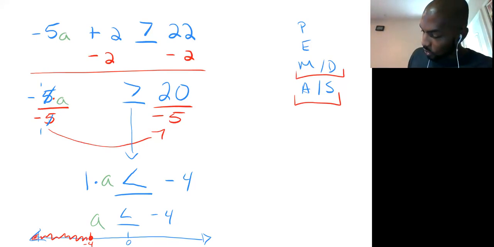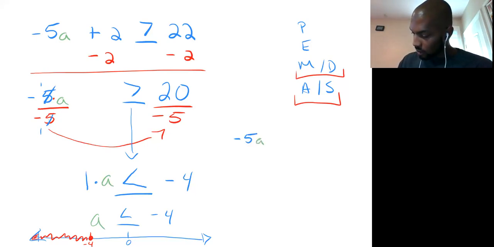So now I'm going to rewrite my original equation. Negative 5 times a plus 2 is greater than or equal to 22. If I replace my a with a negative 4, I'd get negative 5 times negative 4 plus 2.